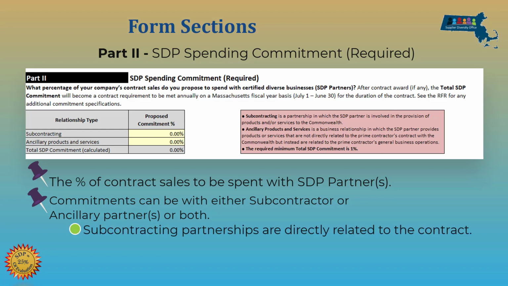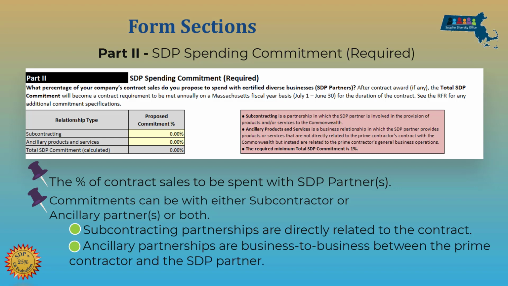Subcontracting is a partnership in which the SDP partner is involved in the provision of products and/or services to the Commonwealth. Ancillary products and services is a business relationship in which the SDP partner provides products or services that are not directly related to the contract, but instead are related to the prime contractor's general business operations.